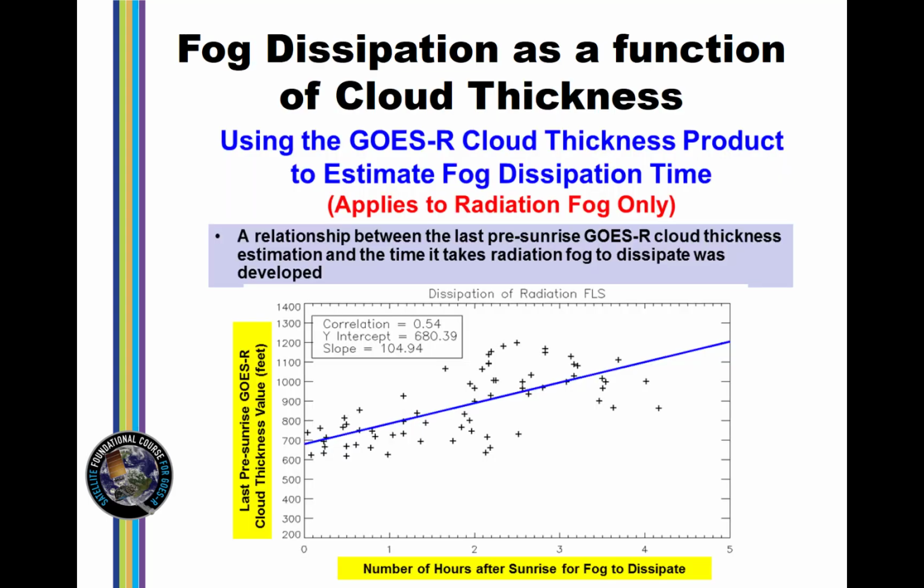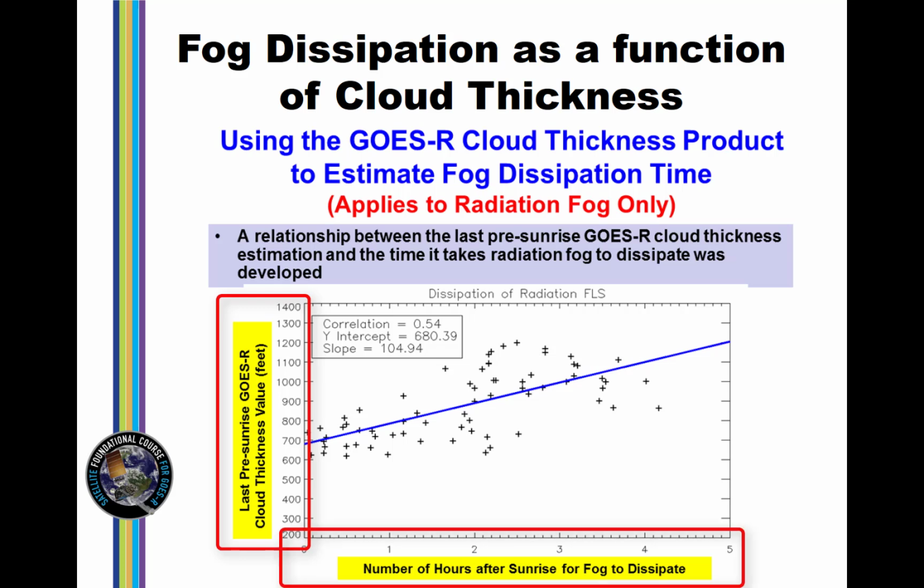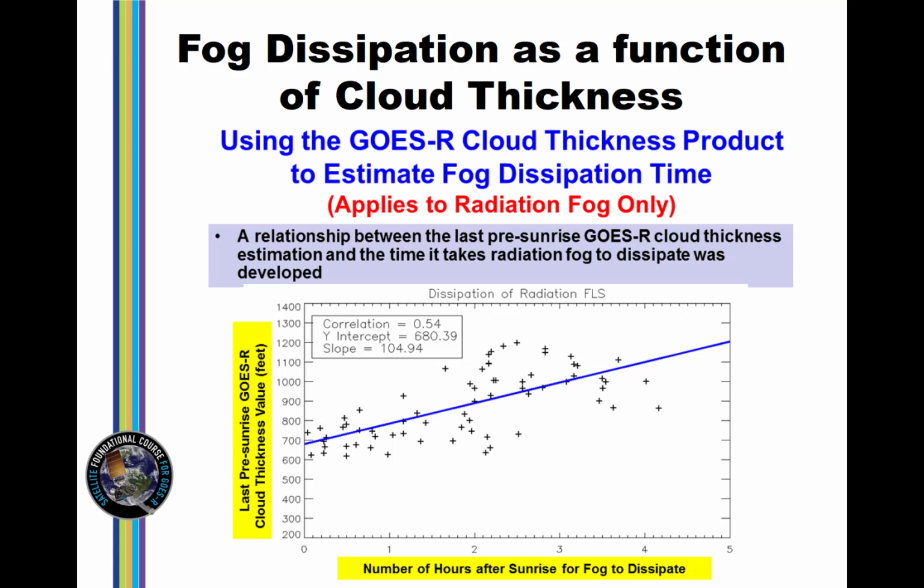GOES-R cloud thickness, the last one before sunrise, that's on the y-axis, and fog dissipation time, on the x-axis, are related. The points on this graph were determined by hand for radiation fog only, mostly for cases over the southeast US. If the last cloud thickness value before sunrise was at 1145 UTC, and it showed a cloud thickness of 900 feet, the best fit blue line suggests a dissipation time of about 2 hours later, 1345 UTC.